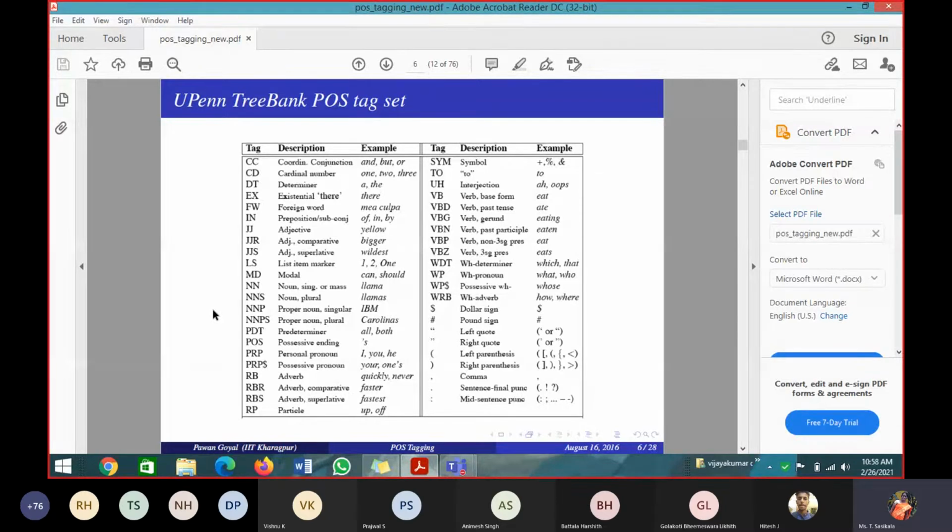We have a tag set and we have a corpus, so I can apply that tag set to that corpus, and it will tell me whether this word is a noun or a verb. So why do we need it? Can you tell me why we want to worry about solving POS tagging?